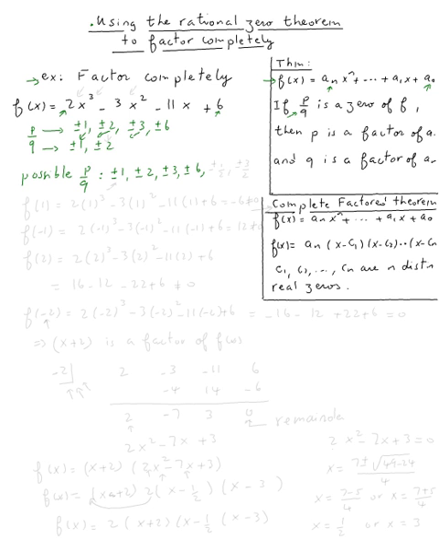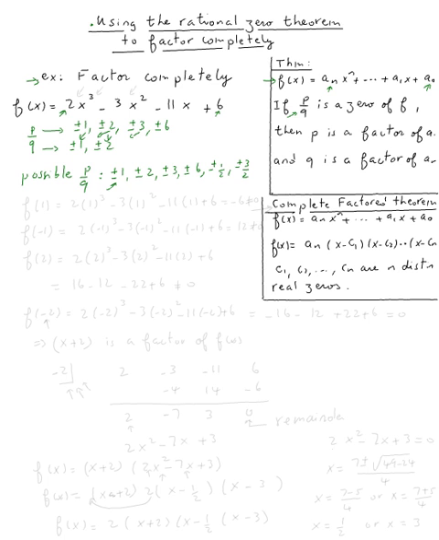And then if you divide all the p's by plus or minus 2, you will get plus or minus 1/2, and then plus or minus 3 over 2. Of course we want to always try the integers first, like 1, minus 1, 2, minus 2.